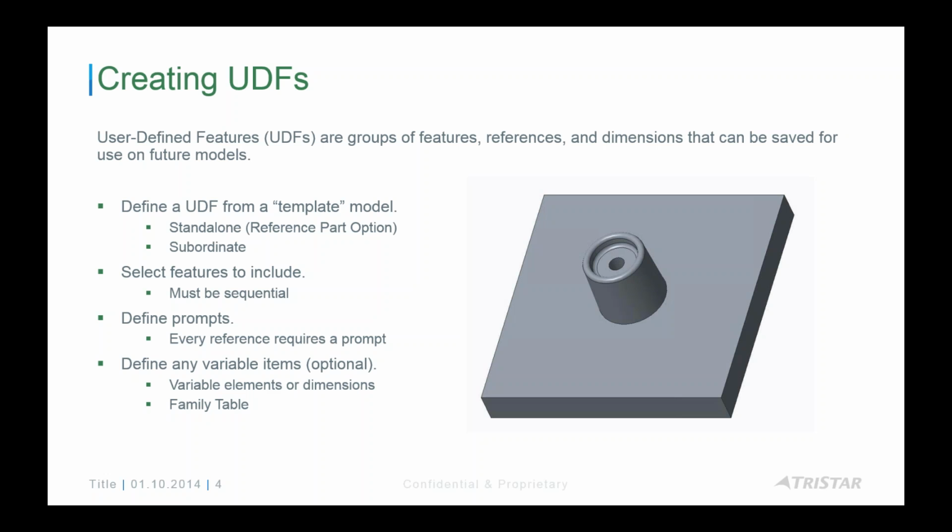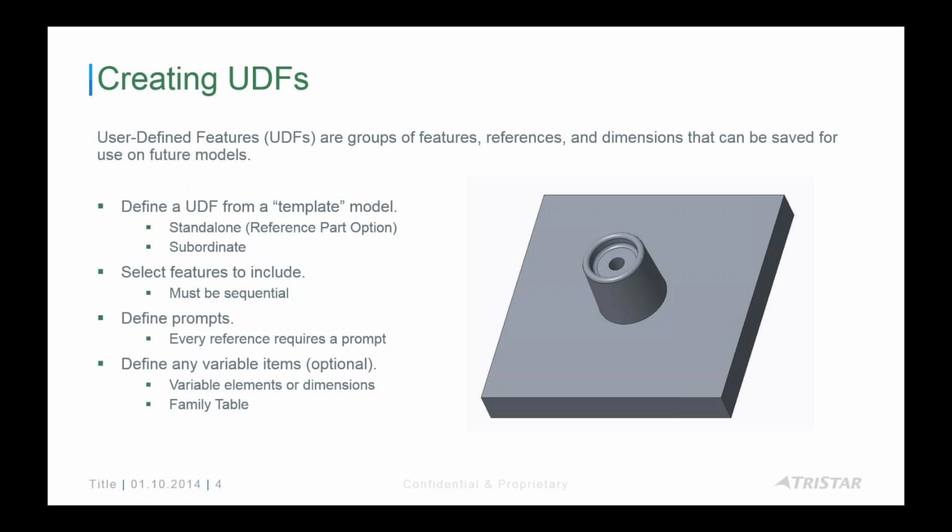Subordinate would mean that the UDF itself is a subordinate of the template model that we use to create the UDF. When we select features to include, they must be sequential in the model tree. So we cannot skip over features, meaning I couldn't use features 3, 7, and 8. I would have to use features 3 through 8 to create the UDF.